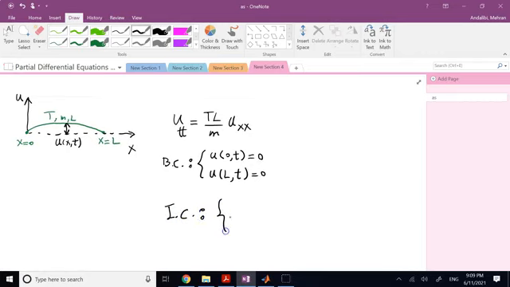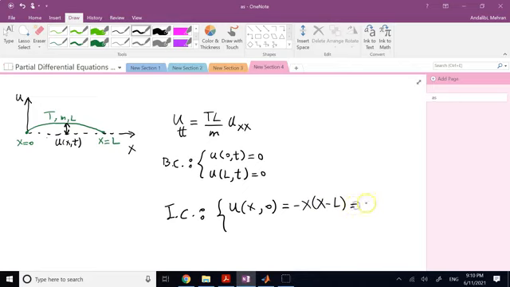The initial conditions are u at any location x but time 0. The initial displacement is, let's say, a quadratic function. Let's make it simple. Since it is 0 at 0 and L, and symmetric at L over 2 where it has some max, it should be a quadratic with a negative sign, something like negative x times x minus L, correct?